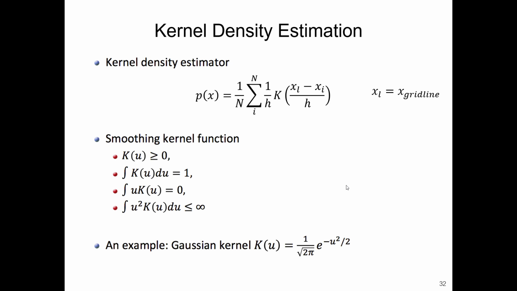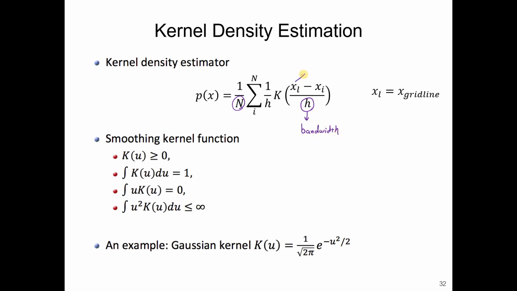I'm going to ask you to accept this blindly, that this is a PDF. I'm going to show it to you later on. But for now, let's just understand what's happening in this equation. N is the number of data points. H is called the bandwidth.